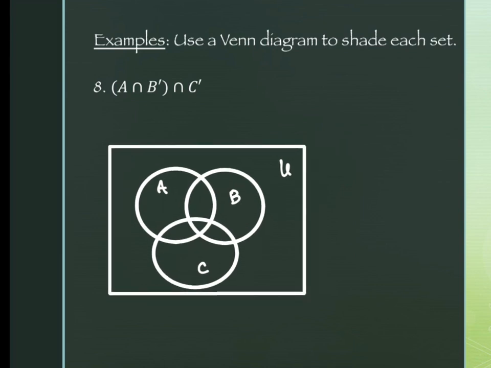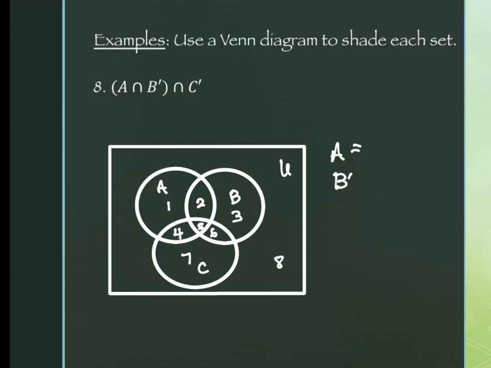Okay, so again, I'm going to start inside of the parentheses first. I need A and I need B complement. What numbers? Oh, I haven't put numbers yet. I should probably do that. We're going to number them the same way. 1, 2, 3 through the middle, 4, 5, and 6, 7 at the bottom, and 8 on the outside.